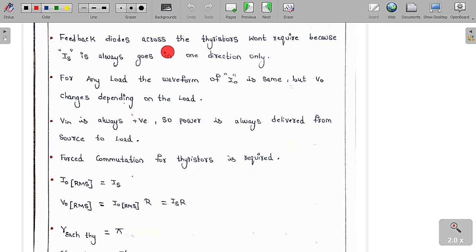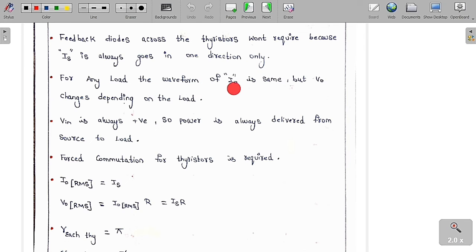Because IS has only one unit direction, irrespective of the load, there is no need of feedback or freewheeling diodes across the thyristors.